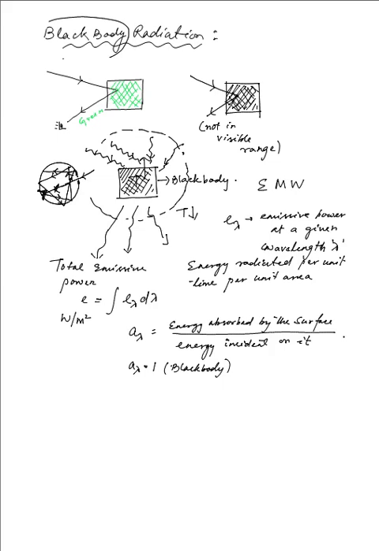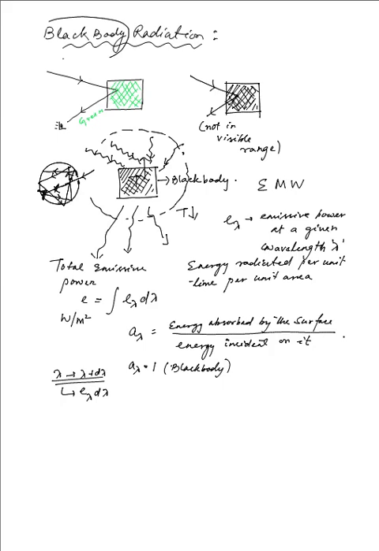Now another thing that we can relate is the emissive power and the absorptive power. We have discussed earlier that the amount of energy radiated per unit time over a range from lambda to lambda plus d lambda can be given by this.